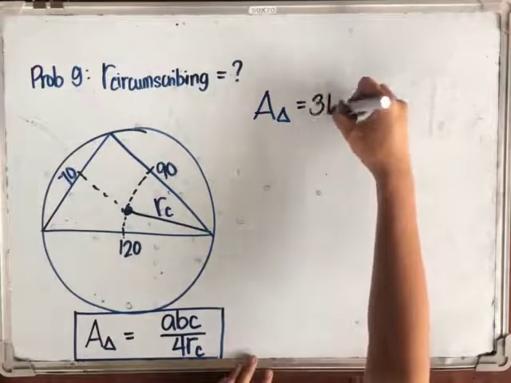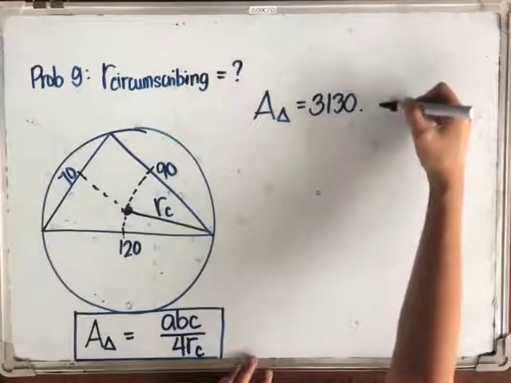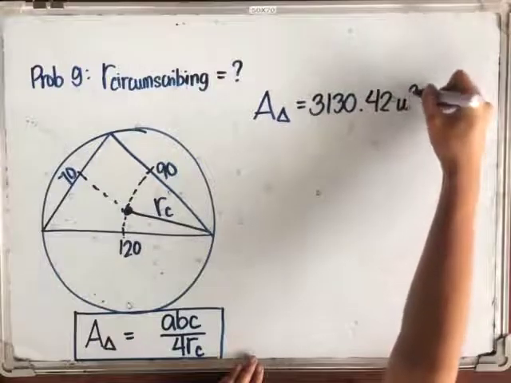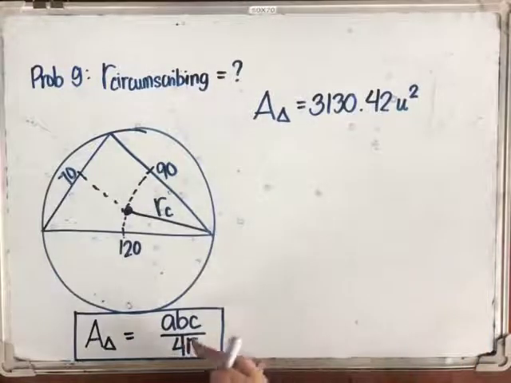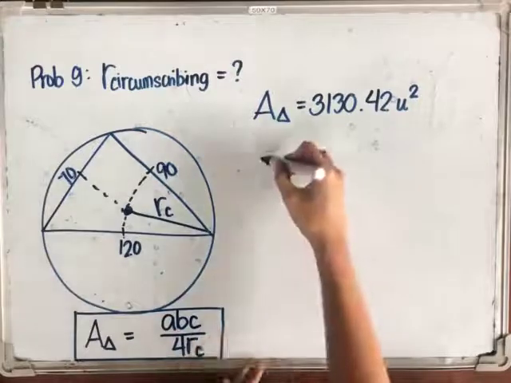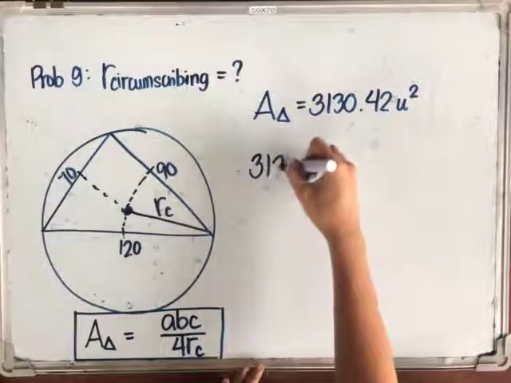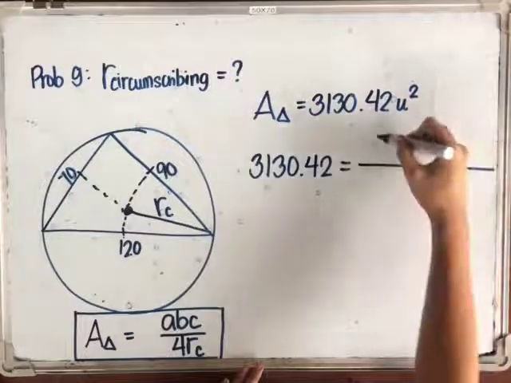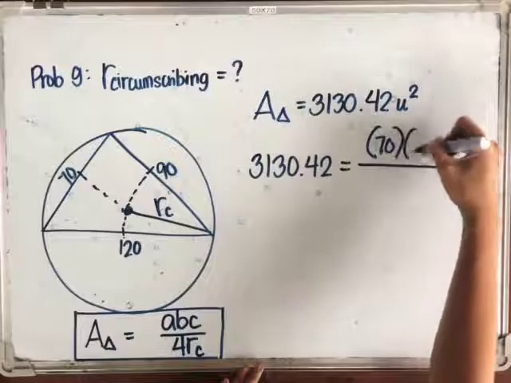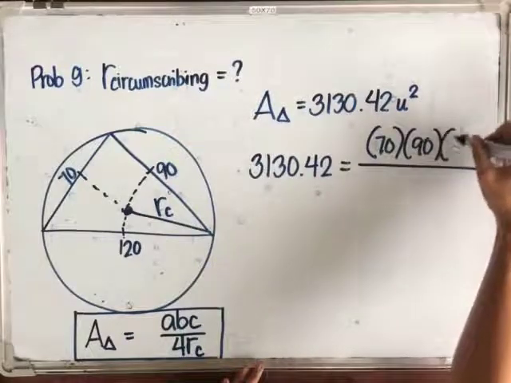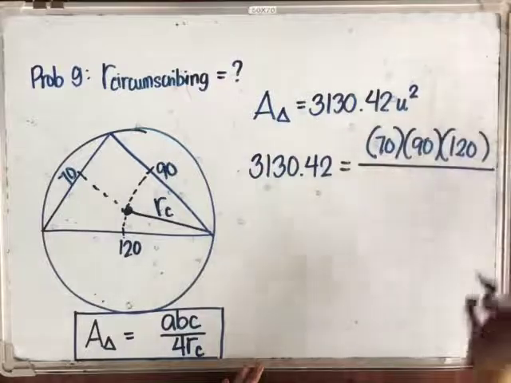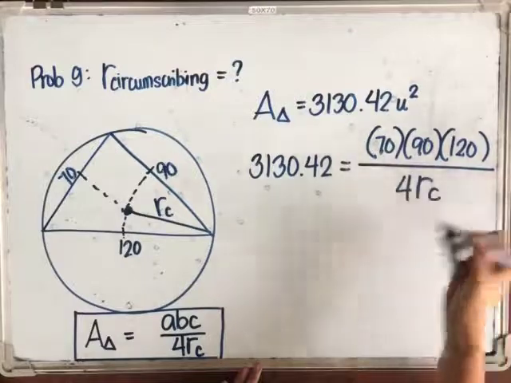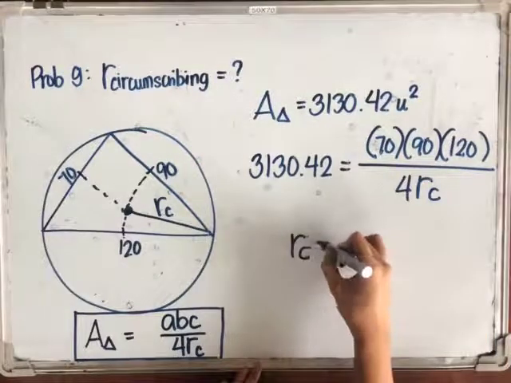So, from problem 8, meron na tayong na-compute na area na 3,130.42 square units. A, B, C are the sides of the triangle. So, we can directly substitute it. 3,130.42 is equal to ABC, say 70, 90, and 120, divided by 4 times R sub C, which is unknown for this problem.